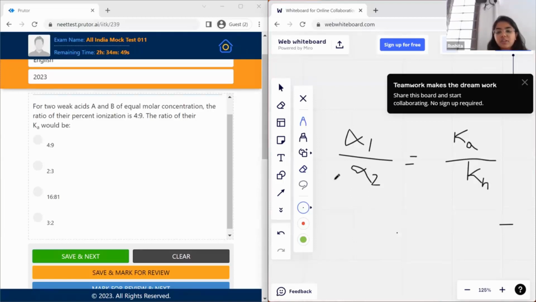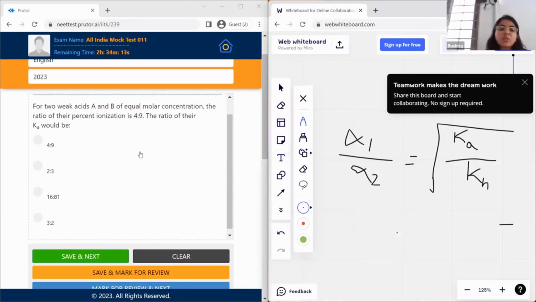So this is the formula. The root of the ratio of the ionization would be equal to this. So, no, sorry, I wrote it wrong. The root of the ionization, the root would come on the equilibrium side, not this side. So this is what it is. So the root of this would be this.